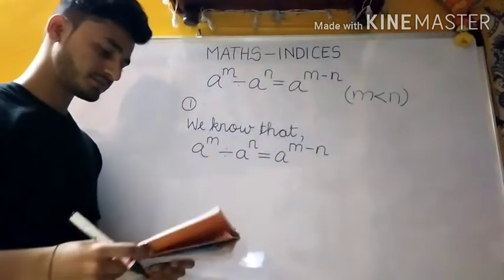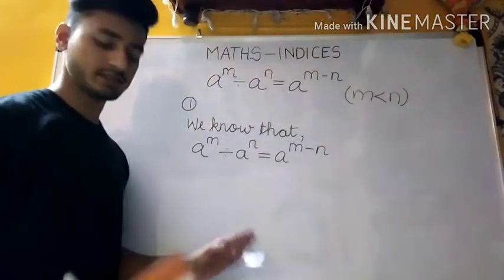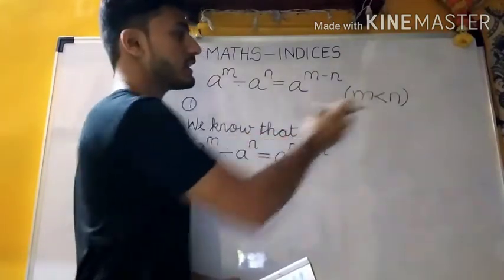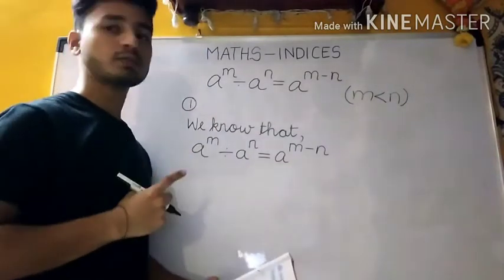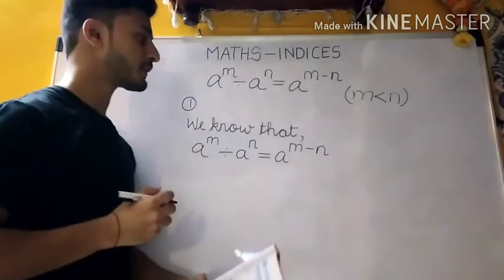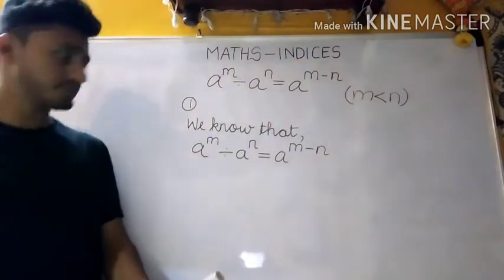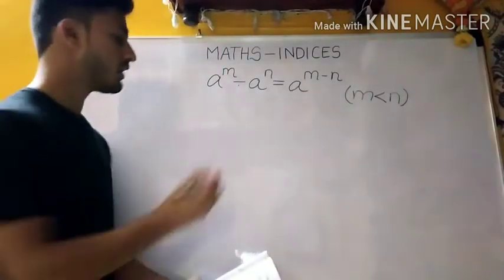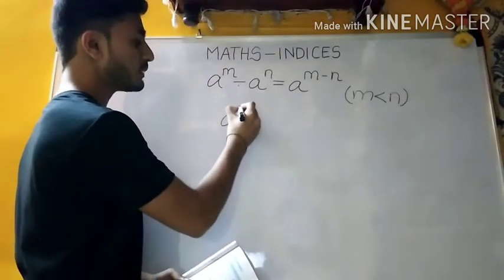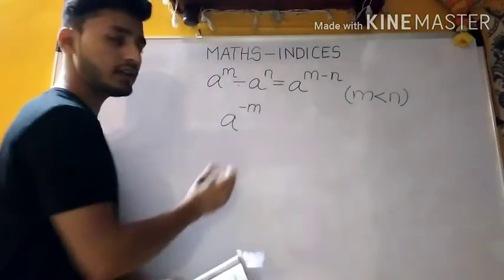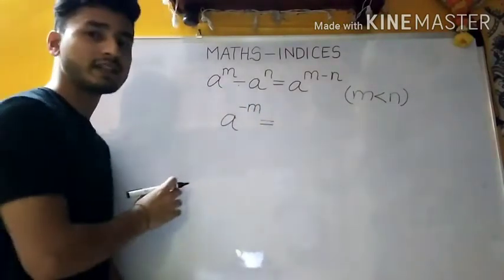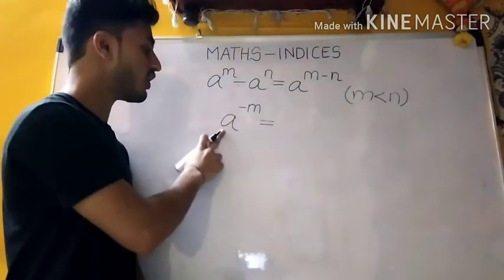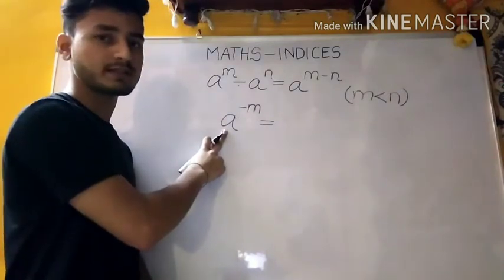For this type of problem, where m is a smaller number and n is a bigger number, we require one more law of indices: a raised to the power minus m is equal to, whenever there is a negative power, we take the reciprocal of the base.